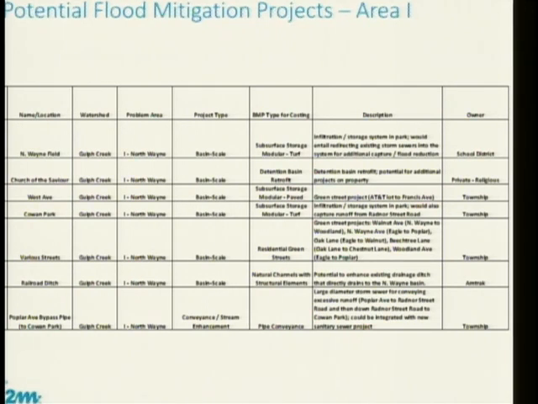What this would be is yet another alternative, which would be to, as we talked about before, redirect a sizable area and bring it into the North Wayne Field. I'm talking 40 plus acres of additional land.